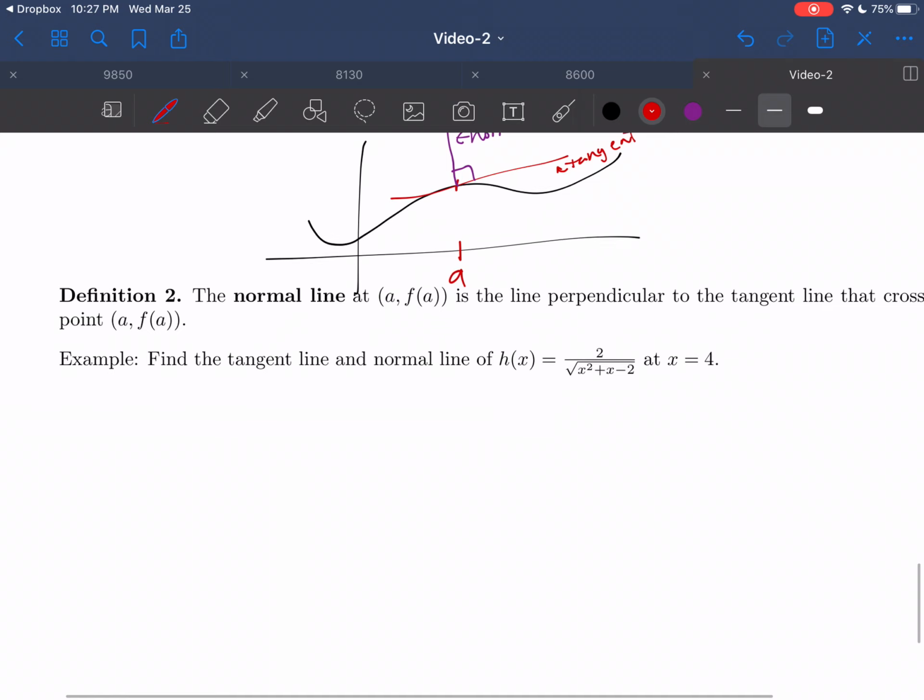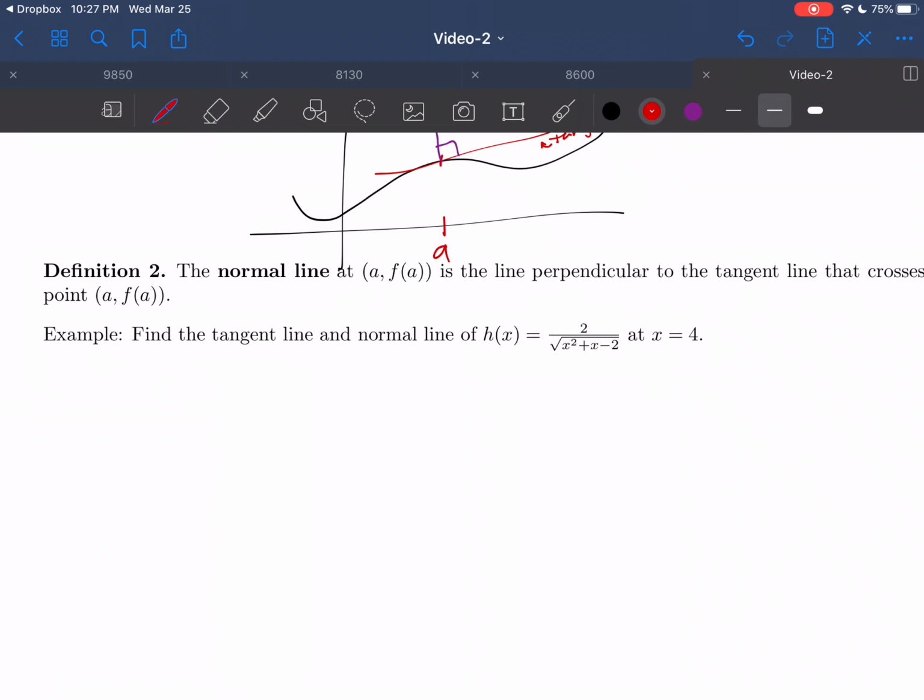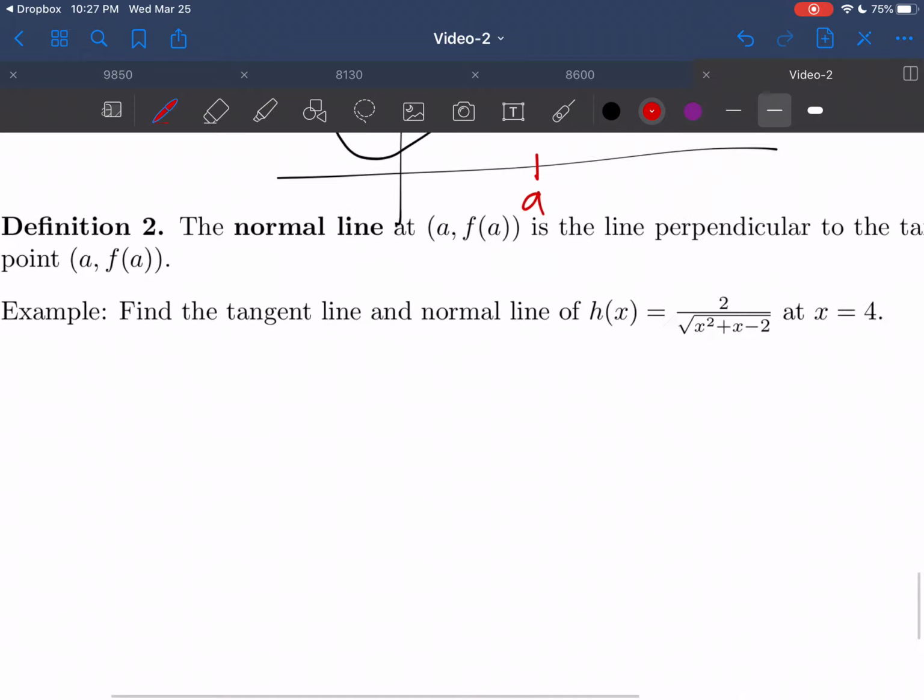So we can see an example that'll say something like, find the tangent line and the normal line of a function. To find it, we've got to find our tangent line first. So to do that, we first need to find our derivative.